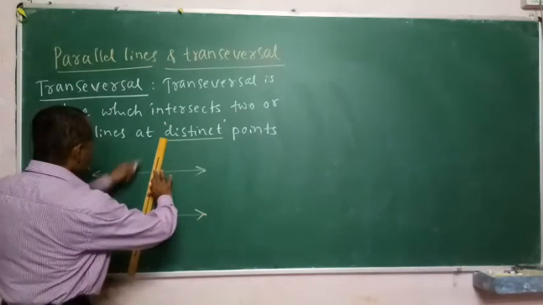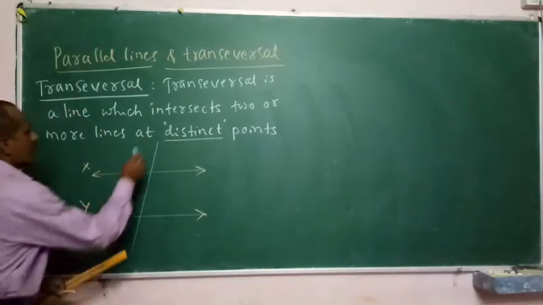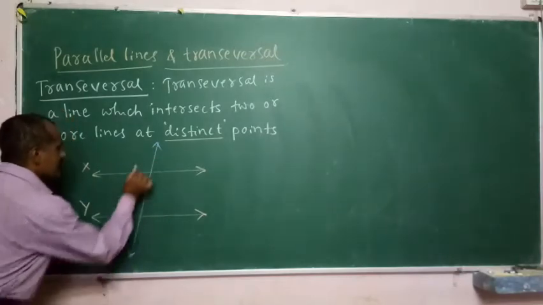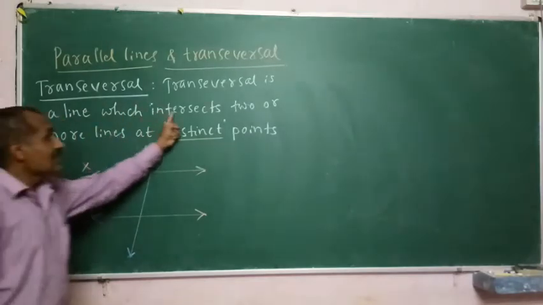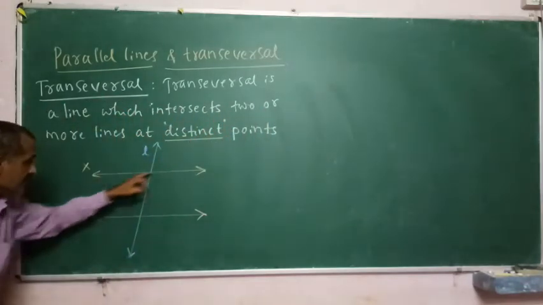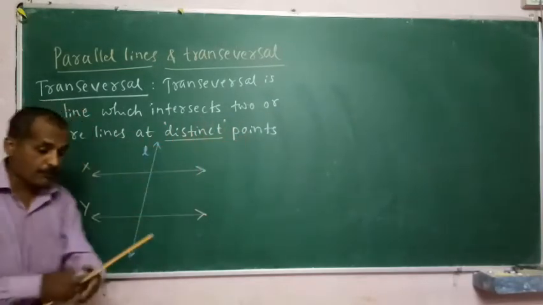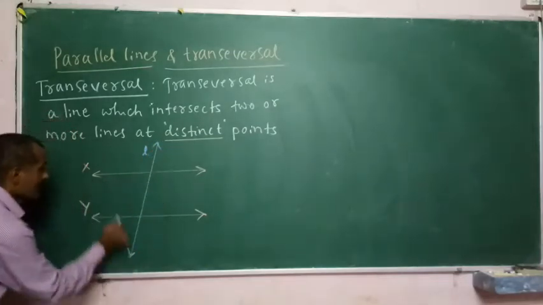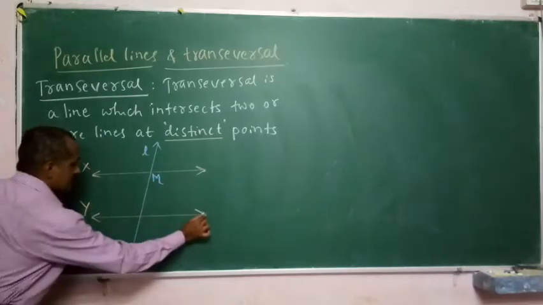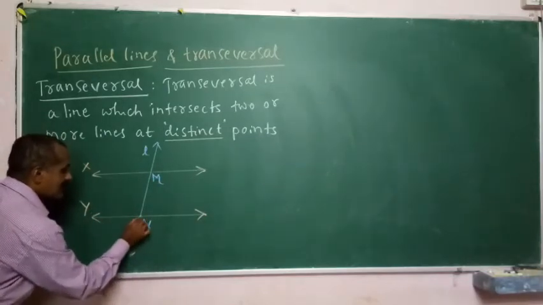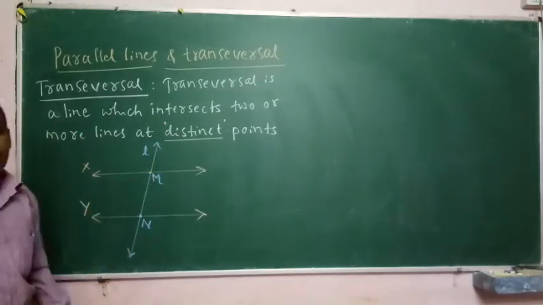And I draw another line here, which I will call line L. Line L is the line which intersects two or more lines at distinct points, at different points. See, this line L intersects line X at point M and it intersects line Y at point N. It intersects at two distinct points. Then this is called a transversal.